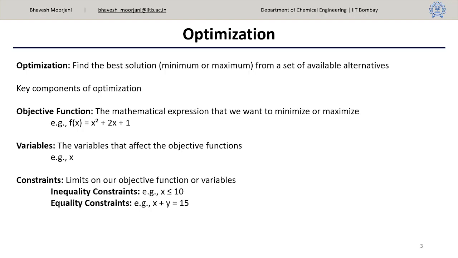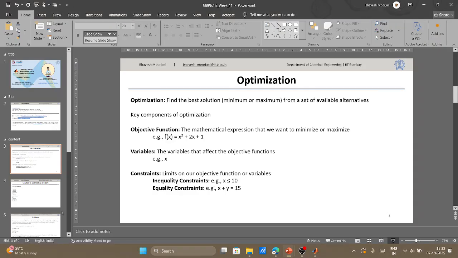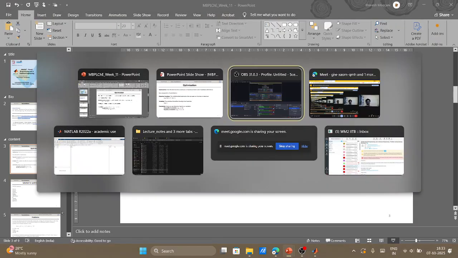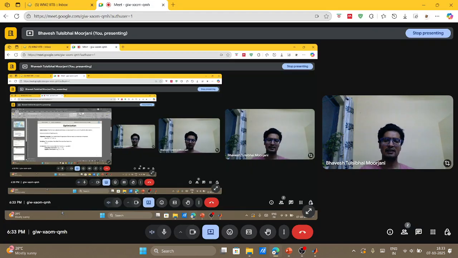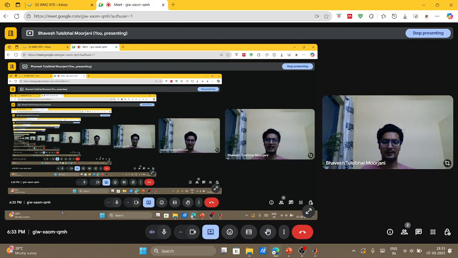The difference between equality and inequality constraints will come when you are trying to solve the problem. Now the field of optimization itself is a much bigger aspect, right? There are specific courses designed for understanding optimization. Depending upon what kind of objective function you have, what kind of constraints you have, and how many variables you have, you can categorize your optimization into single variable or multivariable problems.